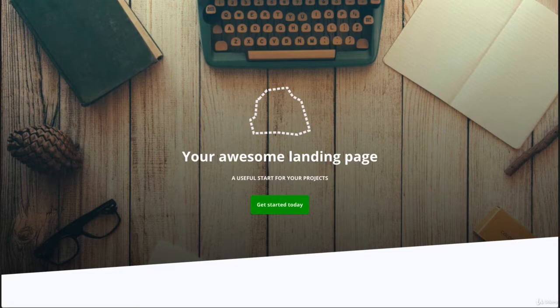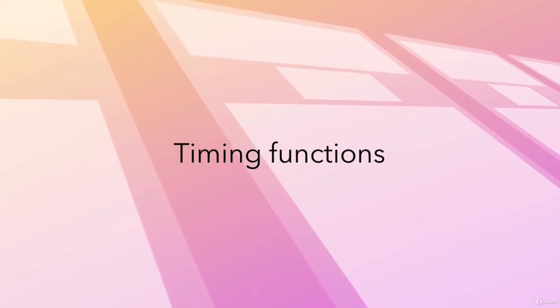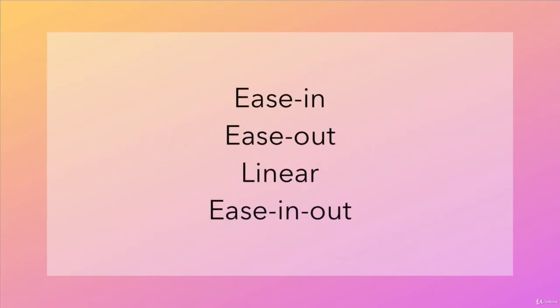Next, let's take a look at the timing function. Browsers give us a set of pre-built timing functions to work with. This includes ease-in, ease-out, and more. They're handy, but they tend to be a little bit boring and not always ideal for larger animations.